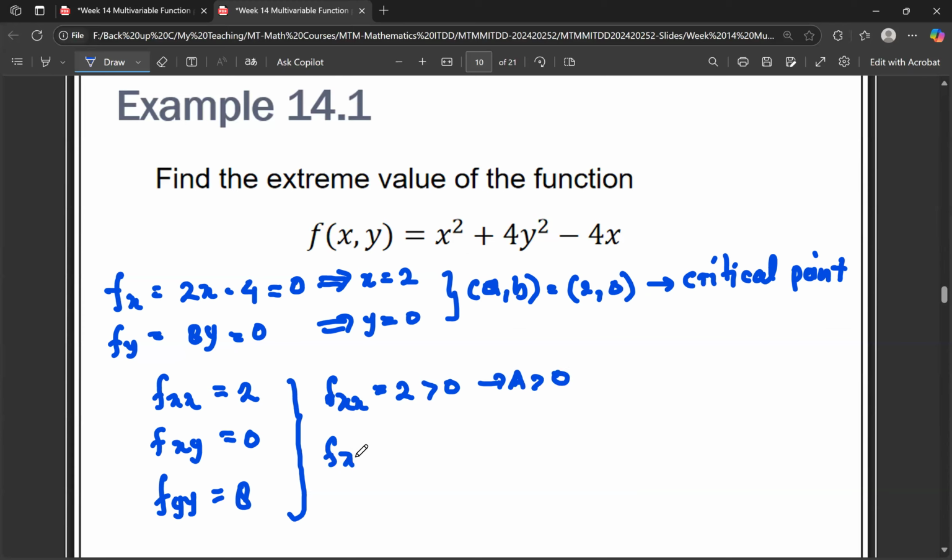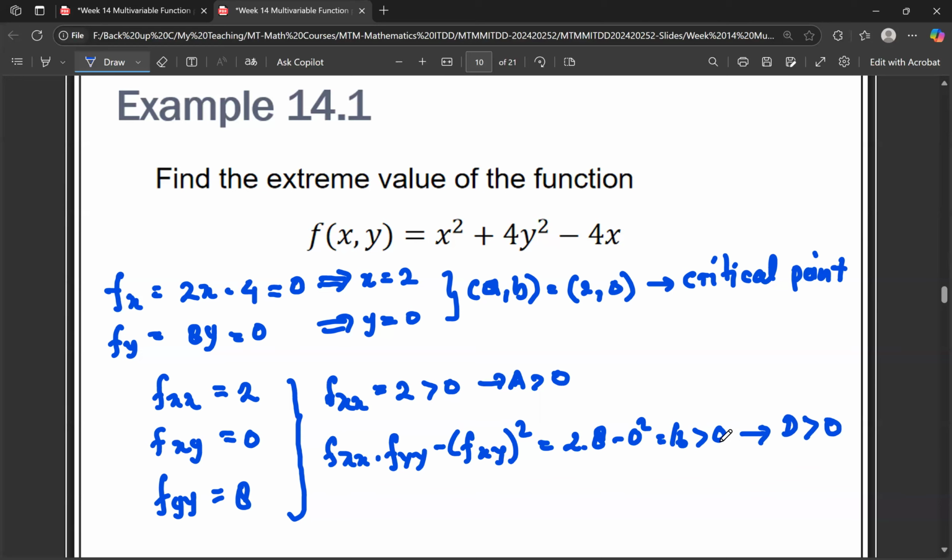And D equals fxx times fyy minus fxy squared, which is 2 times 8 minus 0 squared. We have 16, of course greater than 0. So we have D greater than 0.